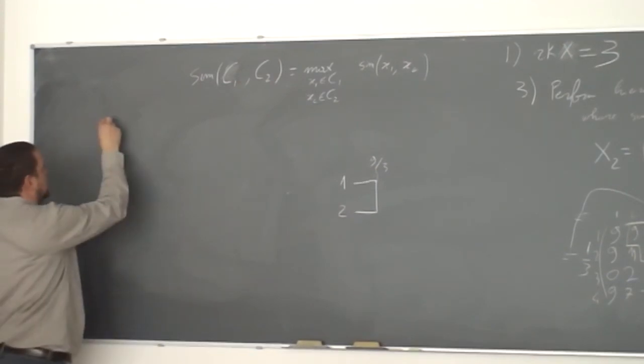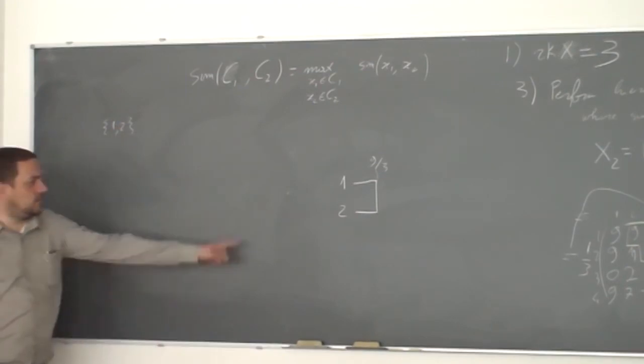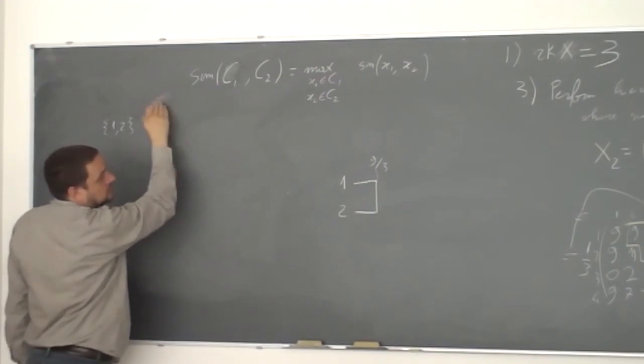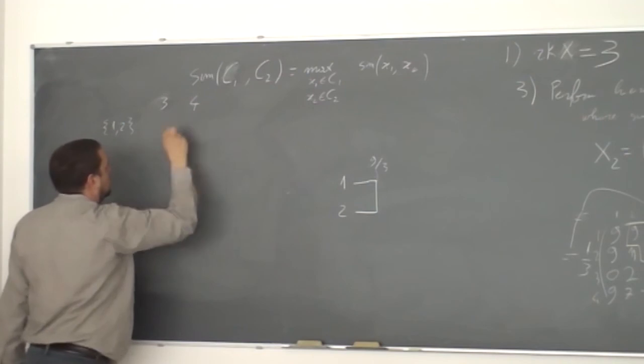So in order to proceed, we have to compute the similarity between the cluster 1, 2 and the elements 3 and 4.